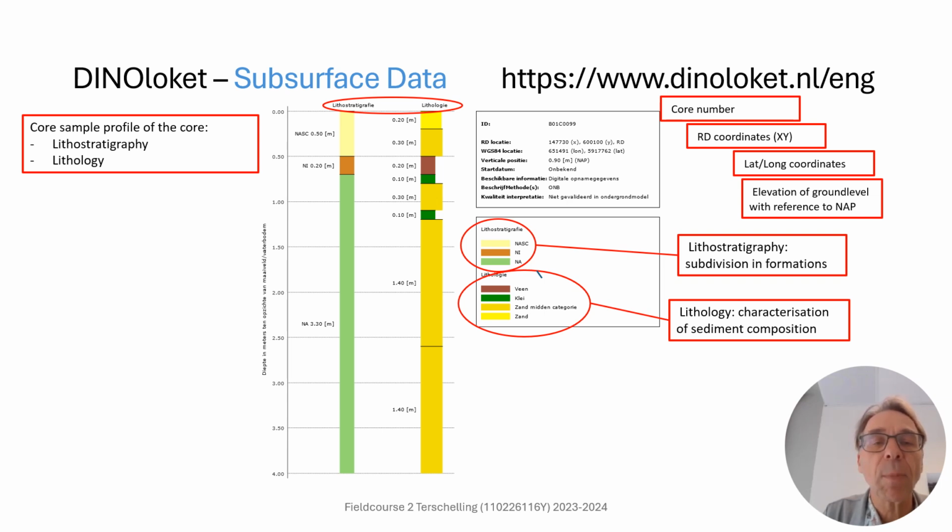The upper one is also Naaldwijk, but then schoolpakket. This is the Nieuwkoop formation. This is the Naaldwijk formation marine part. And we have here a lithostratigraphy, a subdivision information, and also the lithology, which gives the characterization of sediment composition. So between peat, clay, and sand, middle category, and sand main category. So it's good to realize that within sediment core subsurface data, we have the same sort of distinction in sediments we can also make in the cores between sand, silt, and clay.